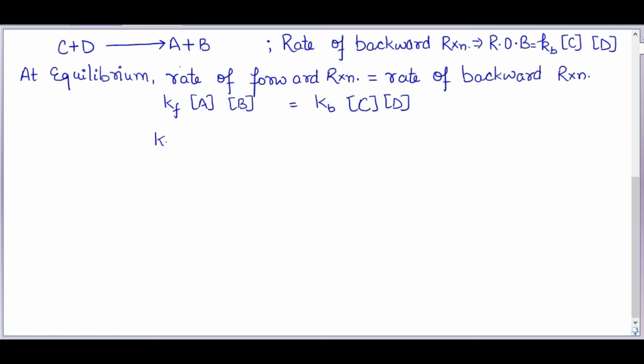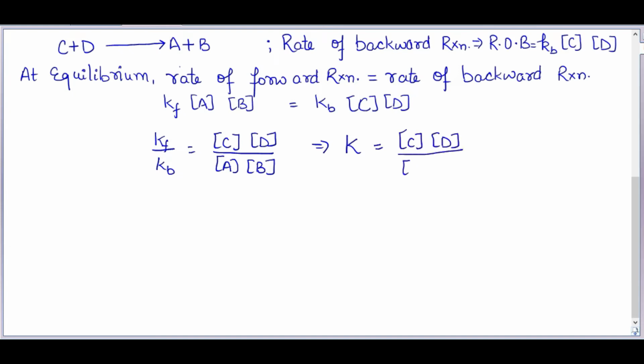So it will be Kf by Kb equals [C][D] divided by [A][B]. This whole term Kf by Kb will be denoted as capital K, the molar concentration of C into D divided by the molar concentration of A into B. Now you just write that this is the equilibrium constant.